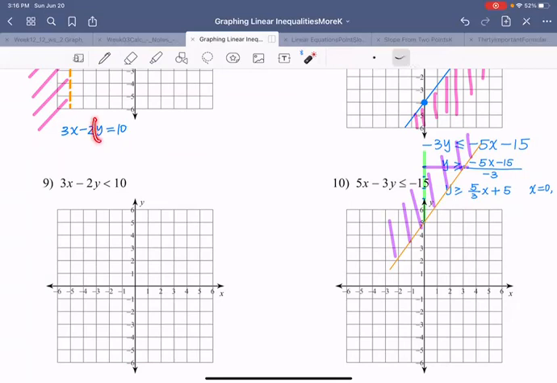Look, you want to find out y equals how much. What do you do? -2y equals -3x plus 10. Okay. Very good. One more step.